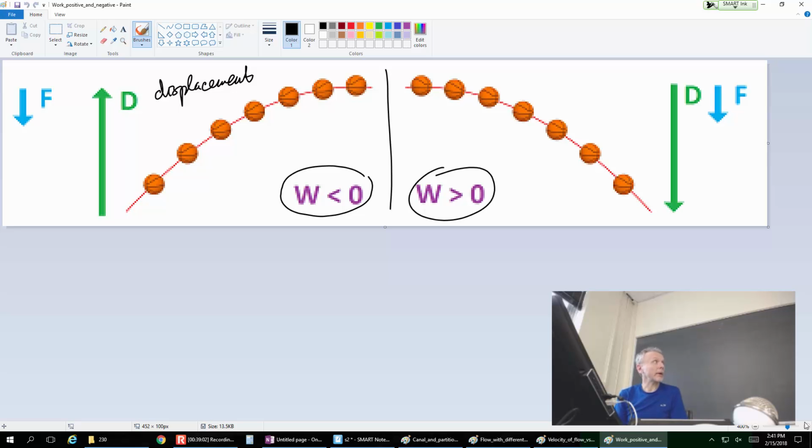The challenge will appear a bit later, when you can actually have variability of both the force and the displacement. So you might be moving like this, as well as the force might be changing. This force is fixed, unchanging, because as long as we stay close to the Earth, it is assumed that the gravitation is exactly the same.